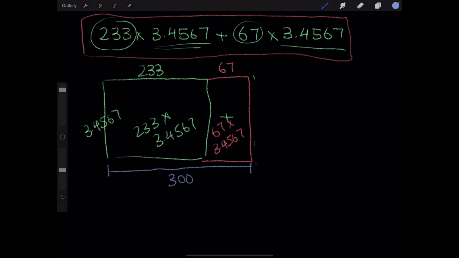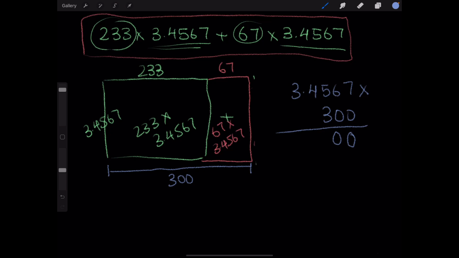So we've got 3.4567 times 300. Do you think you can do that for me? Well, these first two digits in the 300 are both zeros. So if you times a 0 by anything, that would just end up as a 0. So we're going to skip straight to the 3. And because we're in the hundreds, you need your two zeros to hold the place.